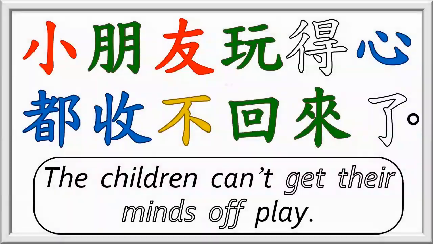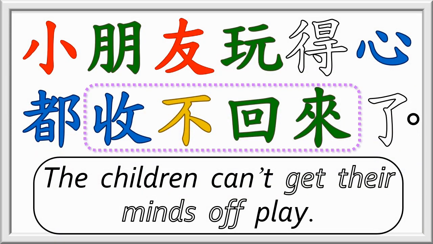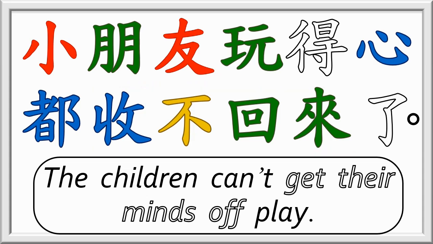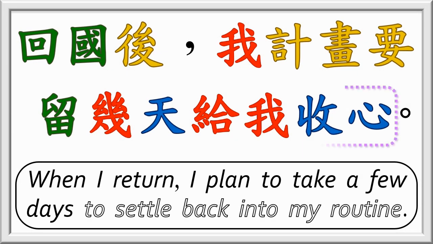Or in Mandarin, 收心 or 把心收回来。小朋友玩的心都收不回来了。The children can't get their minds off play. 回国后，我计划要留几天给我收心。When I return, I plan to take a few days to settle back into my normal routine.